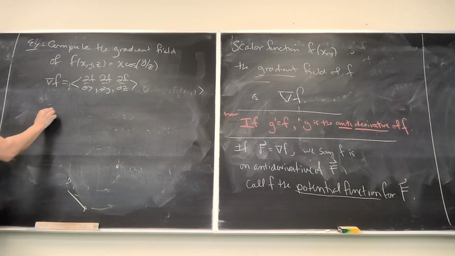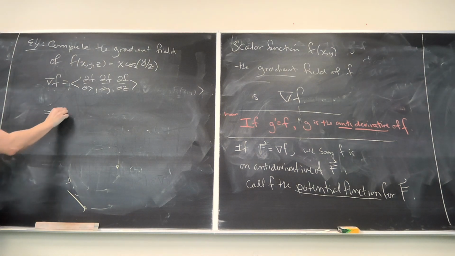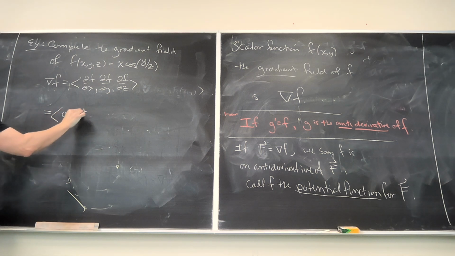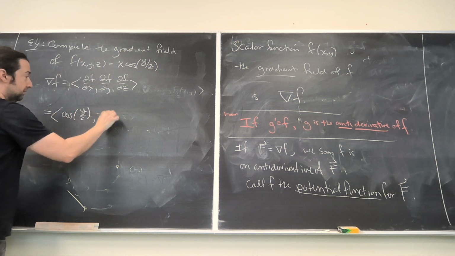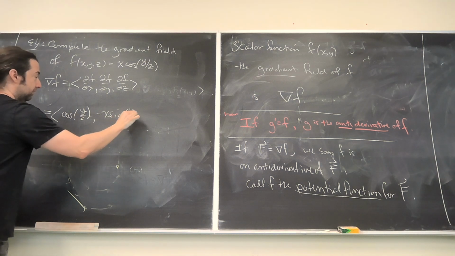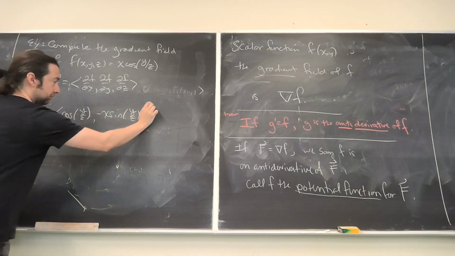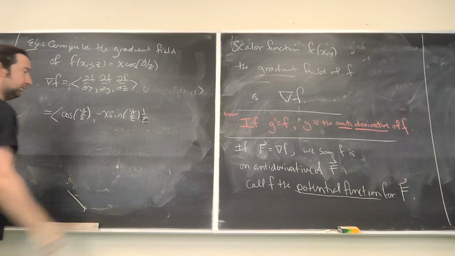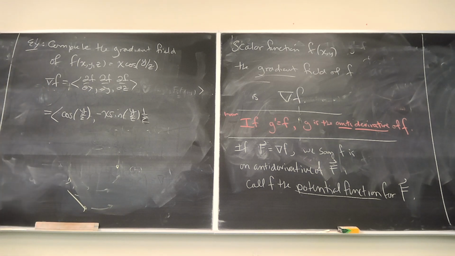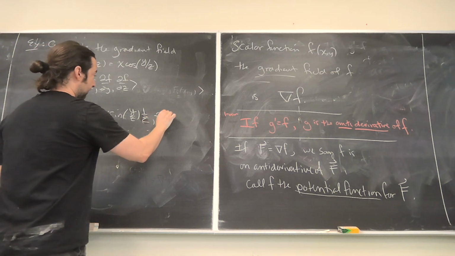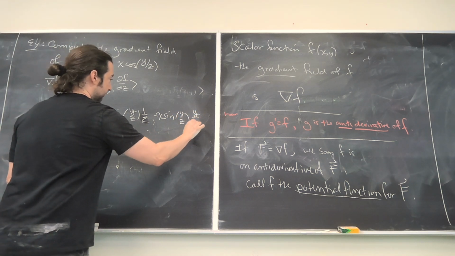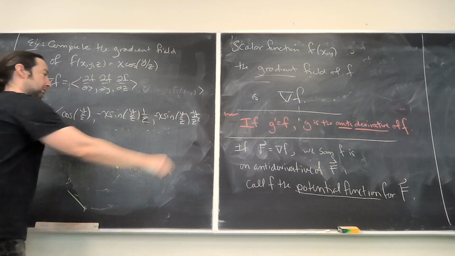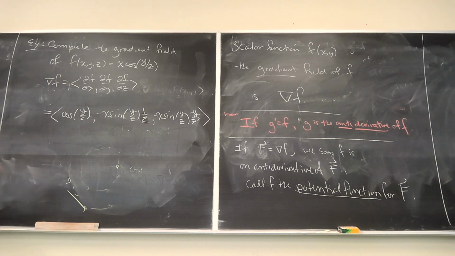So I can write down cosine of y over z, minus x times the sine of y over z times y, or 1 over z. And minus x times the sine of y over z times y over z squared with a negative out front, right? That would be the gradient field. You know how to do this already. You just calculate a gradient.